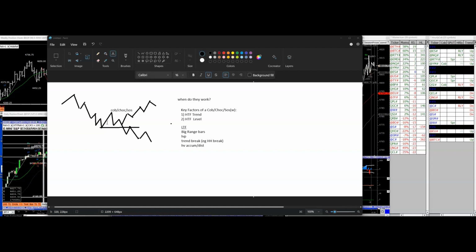Now, how you get that info is by observation of the key factors that make it work, and I'll show you what makes this thing work and puts all the probability on your side. I have a lot of experience with this. So anyway, when do the change of behaviors and change of character work?